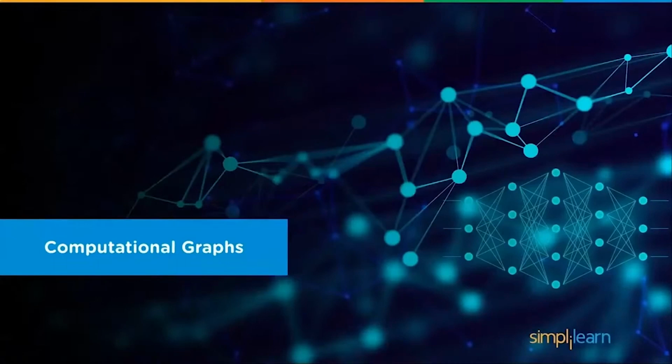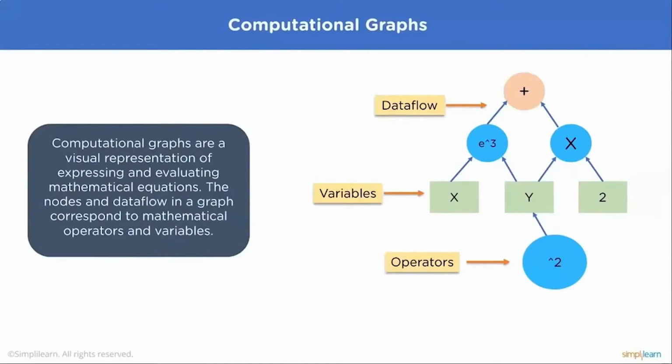Computational graphs. So computational graphs are really the heart and soul of neural networks. When we talk about a computational graph, they are a visual representation of expressing and evaluating mathematical equations. The nodes and data flow in a graph correspond to mathematical operations and variables. Some of the terms you might hear are node and edge, the edge being the data flow in this case.